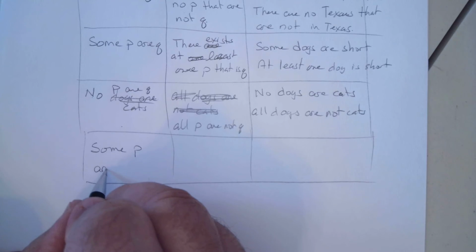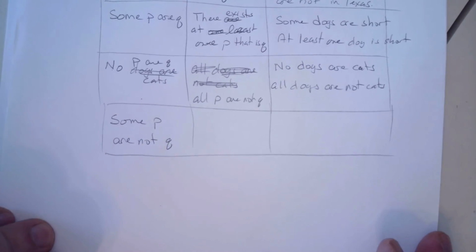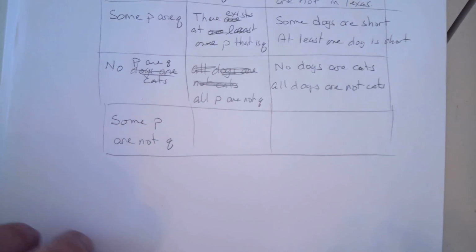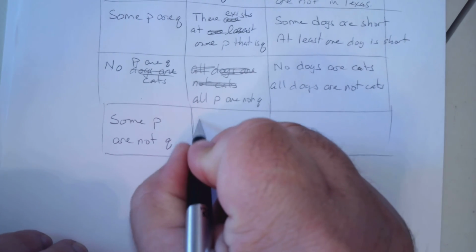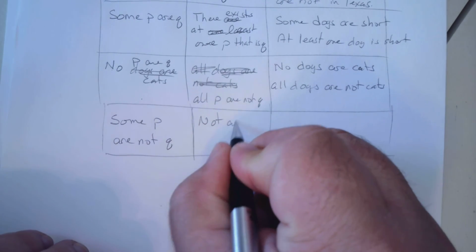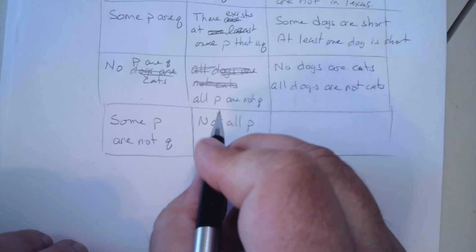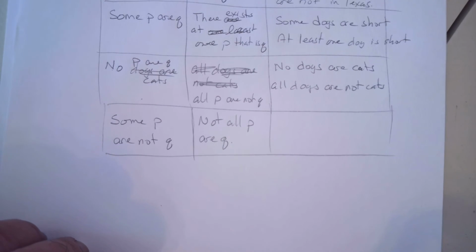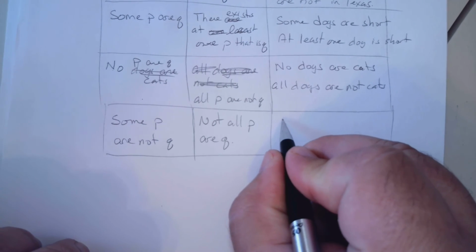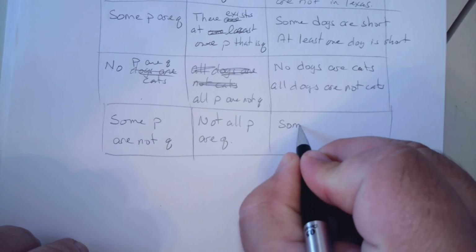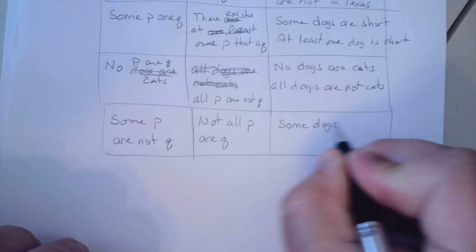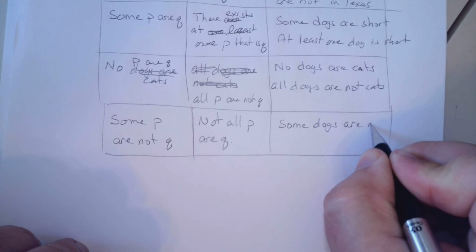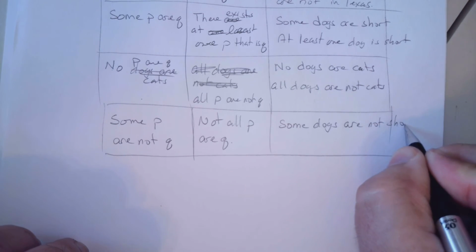Some P are not Q, or not all P are Q. Some dogs are not short.